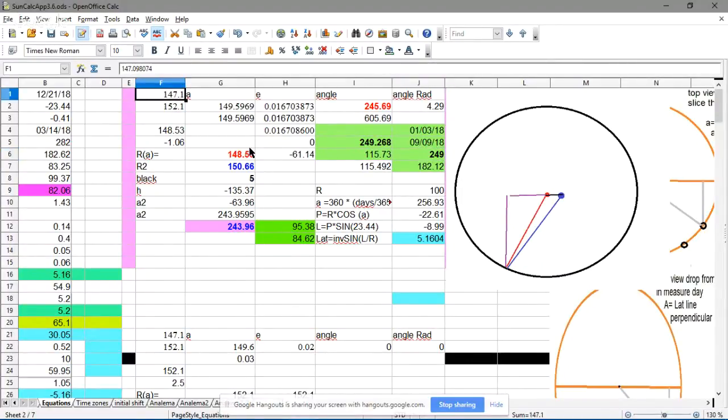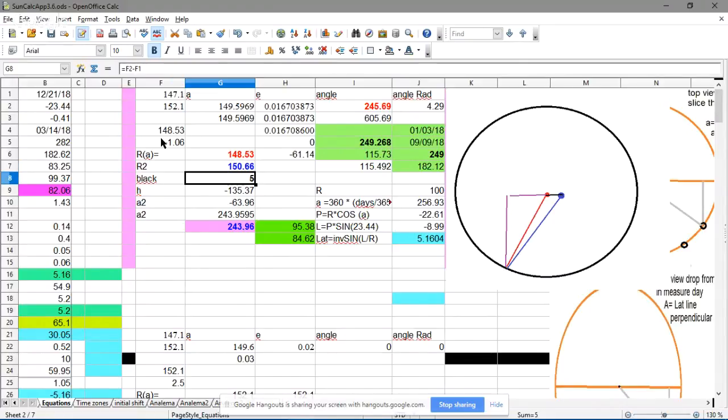So right here you see the aphelion and perihelion, something like that, the closest and the furthest. And here is the eccentricity. And I use a very complicated equation. I don't understand it, but you see it here in the equation line. This is to calculate the red radius, the distance of the Earth from the empty focus. And if I have this, I can get the blue one, the distance from the sun.